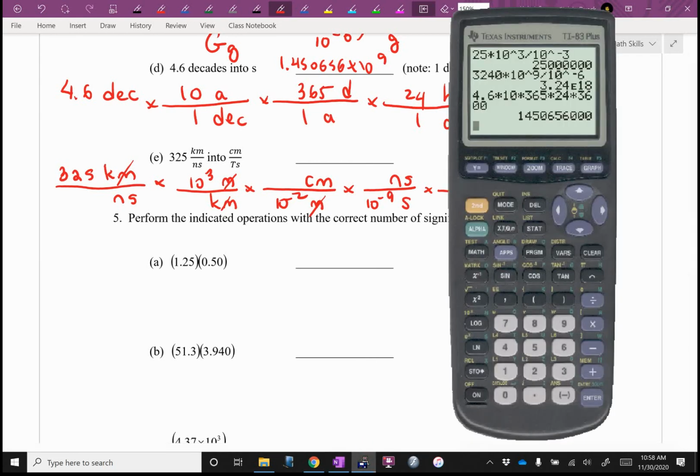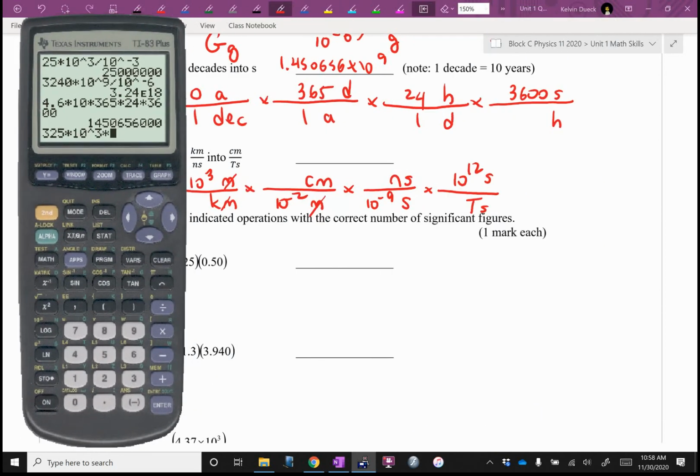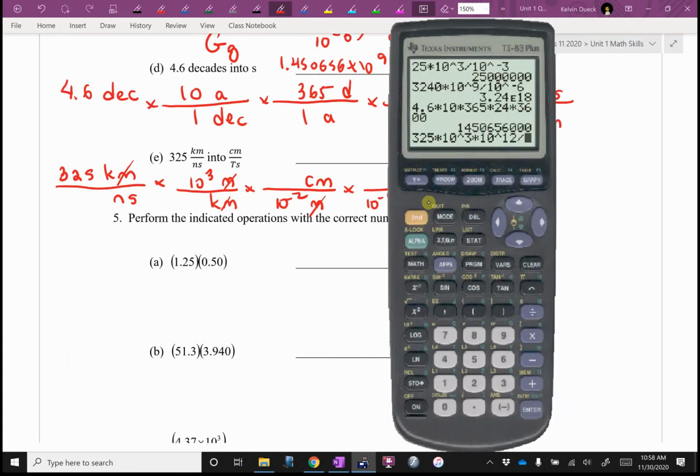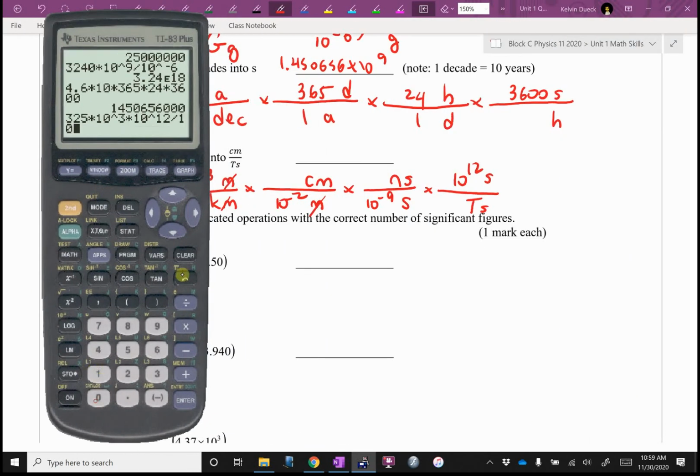So I guess it's going to be 325 times 10 to the third times 10 to the 12th divided by, I guess, 10 squared and divided by 10 to the negative 9.